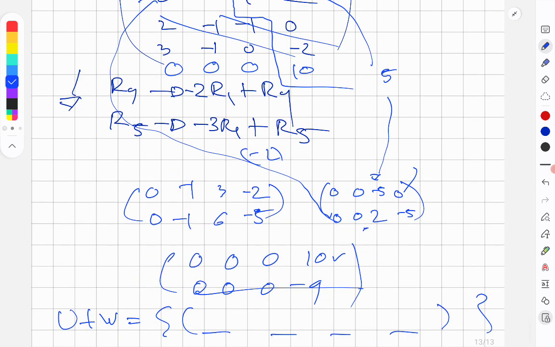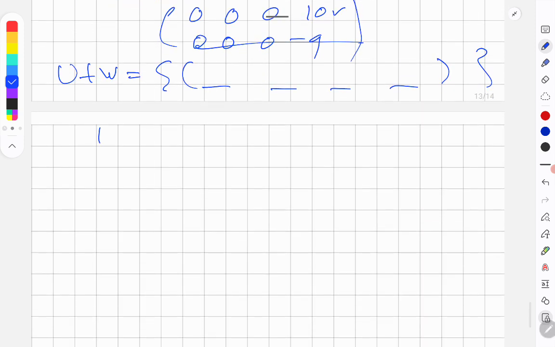Easy? Not really easy, but the concept is easy. The dimension of u plus w is 4, right? Yeah, it's 4. So the dimension of u plus w is equal to 4.